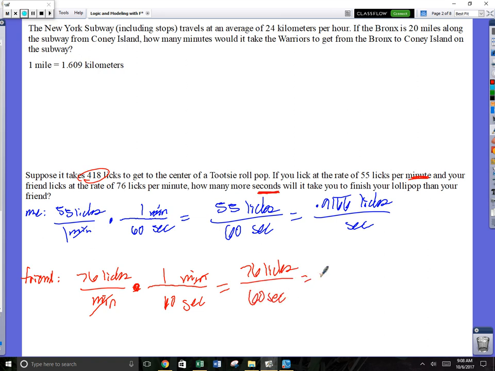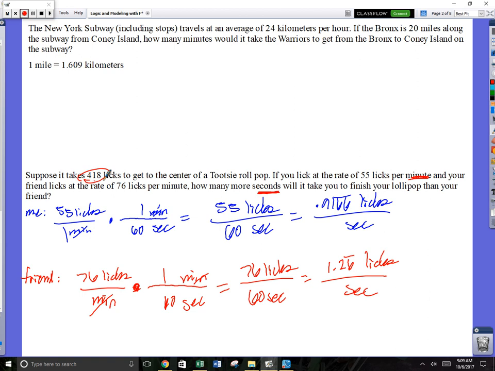And if I do his 76 divided by 60, that is equal to 1.25 licks per second. So I'm almost doing 1 lick a second. He's doing 1.25 licks per second.